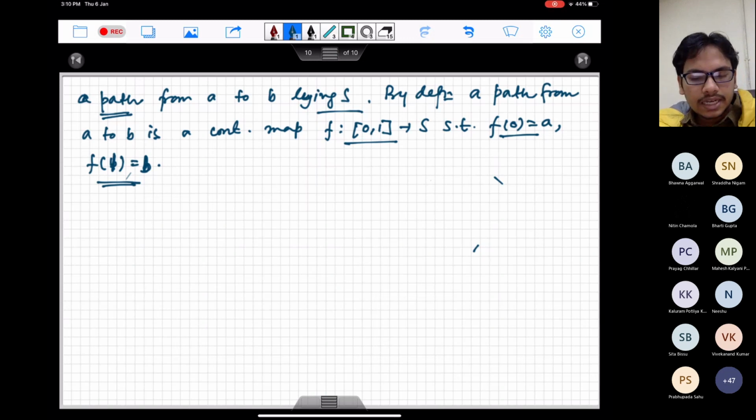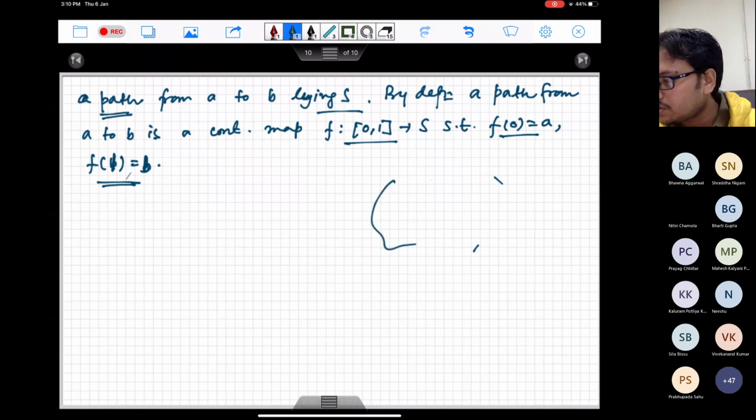And to say that a subset S of X is path connected means that you will always have a path, a continuous map from the closed interval [0, 1] to S, going from one point to another.